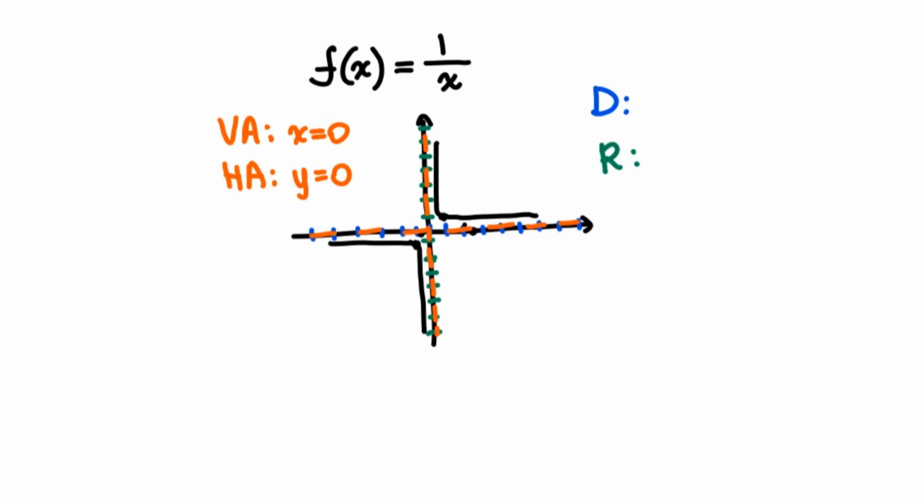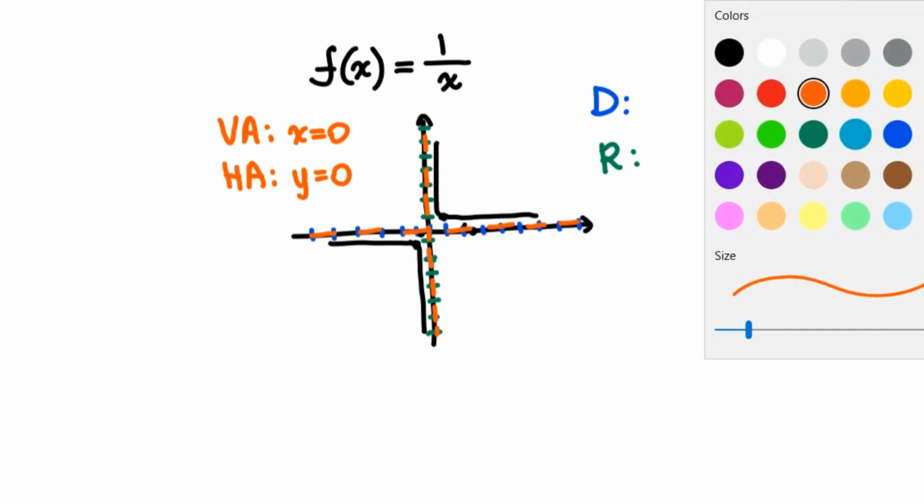An asymptote is a line that a function approaches but doesn't touch or cross. So how do we deal with such situation in terms of domain and range? We can exclude asymptotes from the domain and from the range and only keep all the other values.